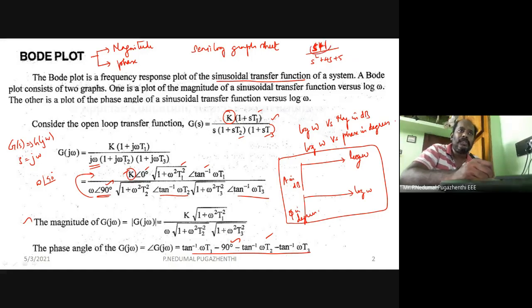Then you have a first order factor in the numerator and a second order quadratic factor in the denominator. So every factor has a different approach. The magnitude value for that has to be found, with some procedure involved, and we will see what the procedure is, how a factor magnitude is converted into a decibel value.